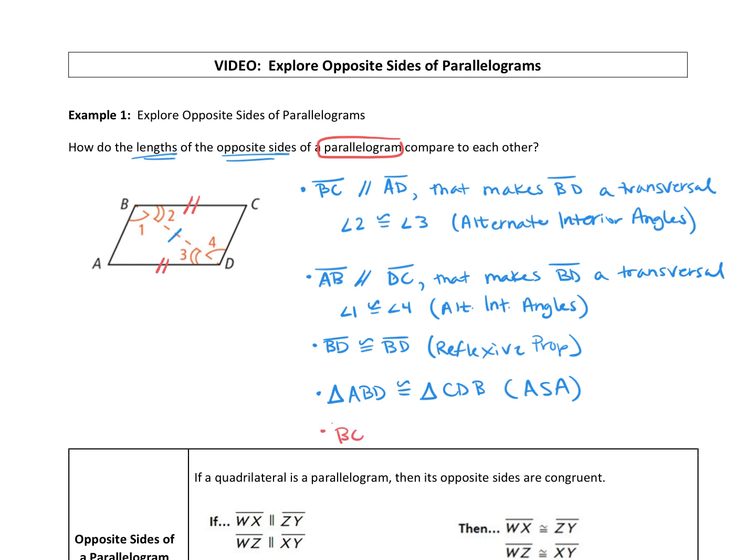So here's how we're getting to the opposite sides of a parallelogram. BC is congruent to AD. We also have side CD, a corresponding part to side AB. So CD is congruent to AB. Both pairs of opposite sides are congruent from CPCTC. That's the goal we were getting to, to be able to say something about the opposite sides. And now we can say opposite sides are congruent.